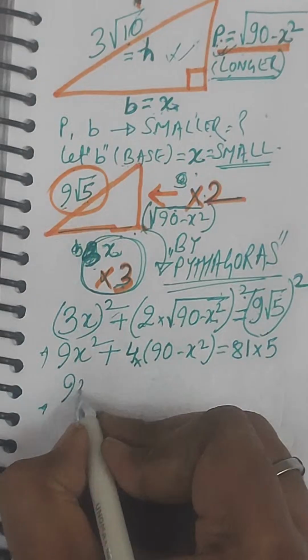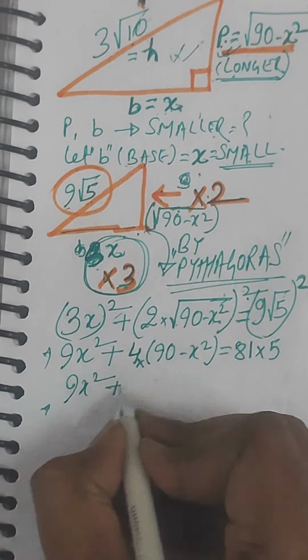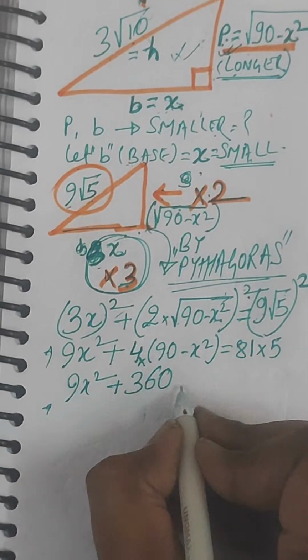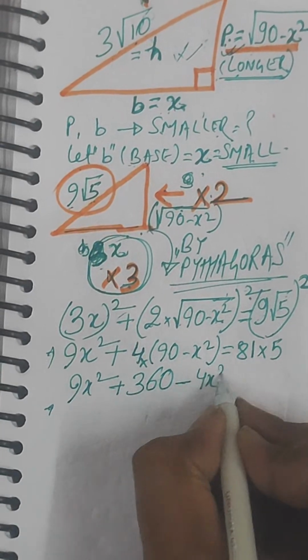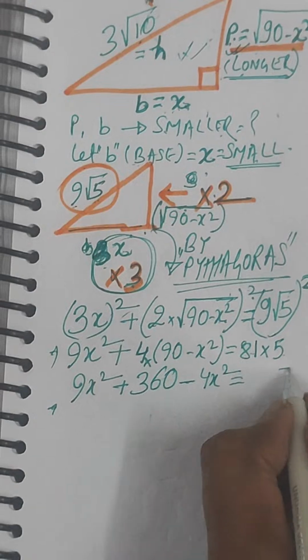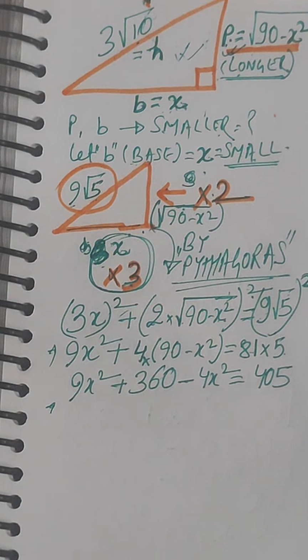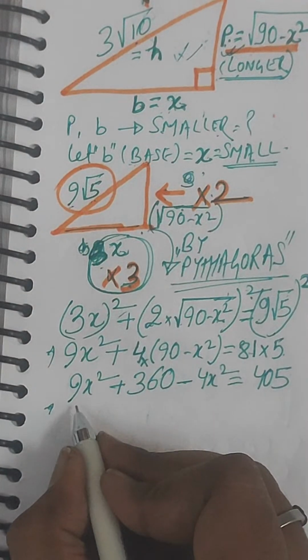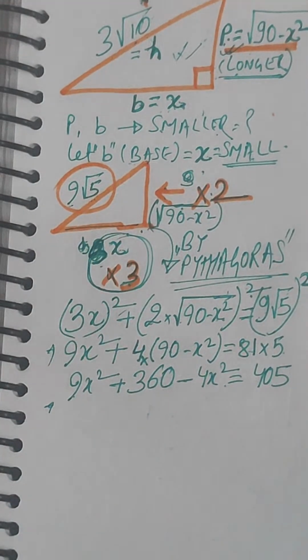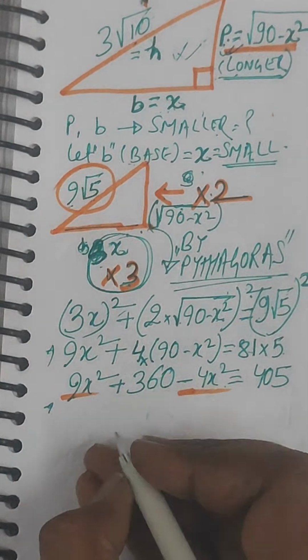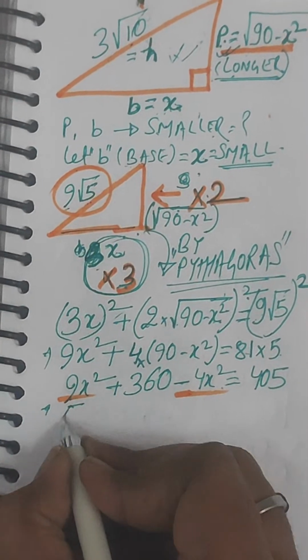So this will give you 9x square plus 4 into 90 will be 360, minus 4x square is equal to 405, right? Now here 9x square minus 4x square will be 5x square.